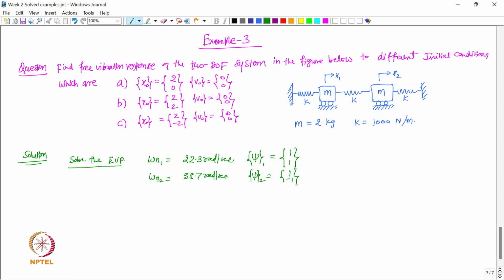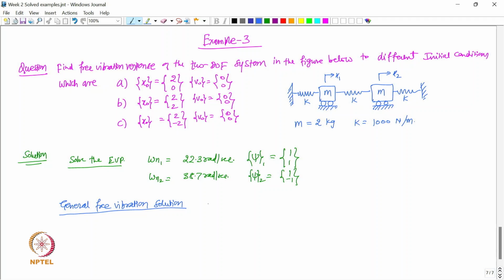So, now what is the general solution? The general free vibration solution, what would that be? It would basically consist of the linear combination of the free vibration solution in all the modes, right. In each mode, whatever is the solution, you have to linearly combine them.